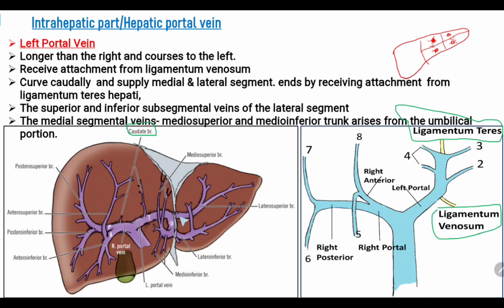This particular left branch goes posteriorly and ends by receiving the ligamentum teres, and it also receives the ligamentum venosum.